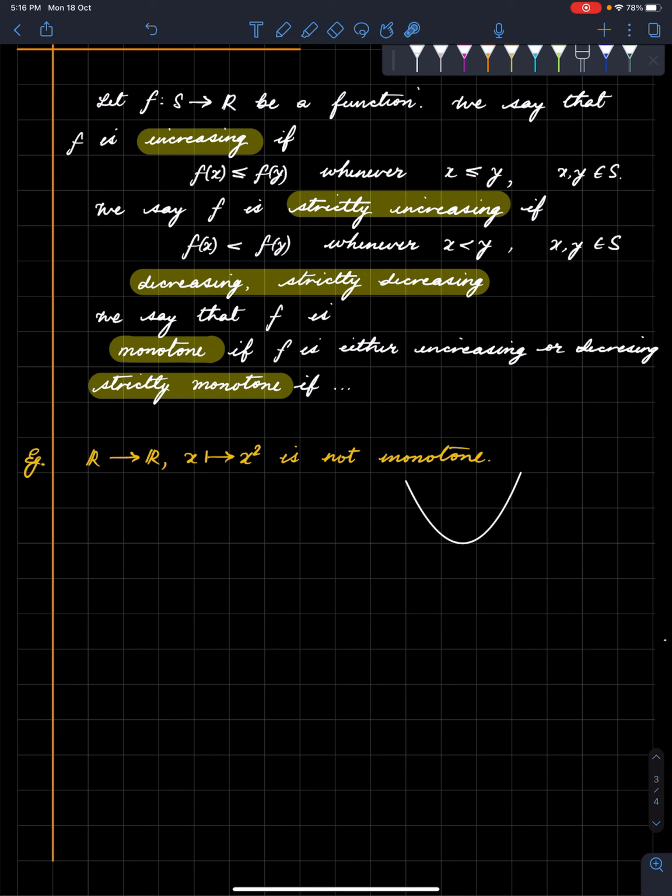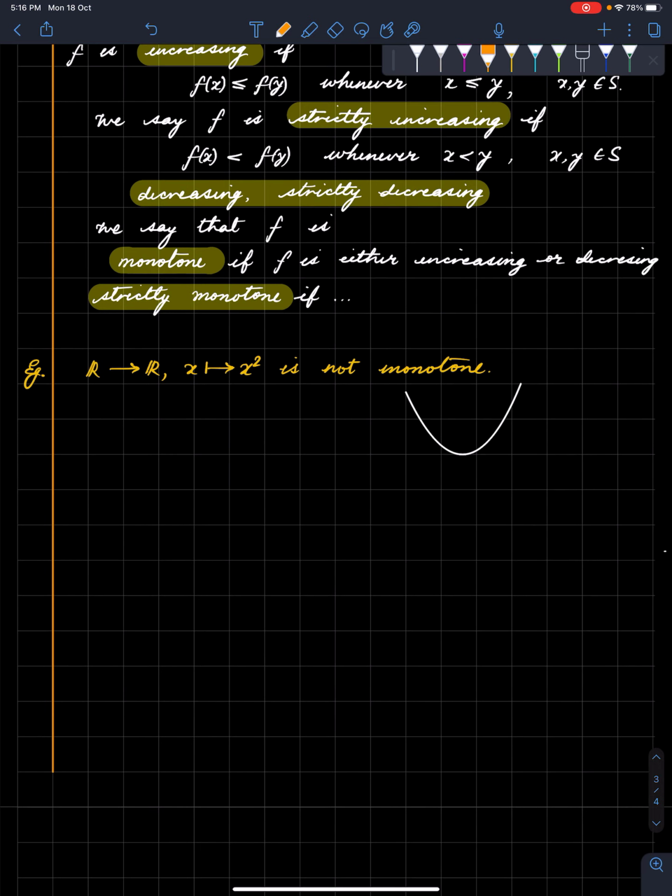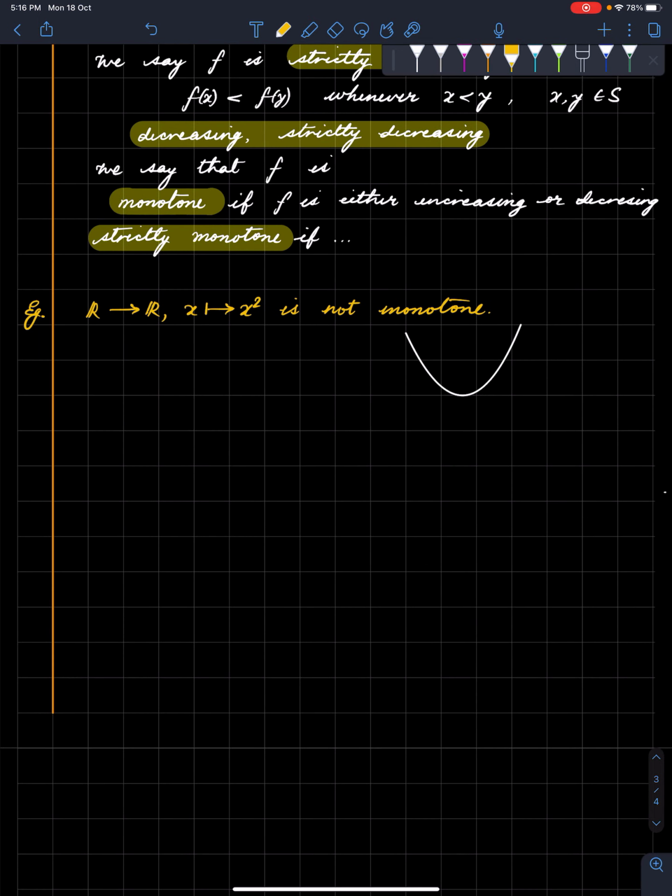And it is decreasing on this part, but it is increasing on this part. So as you can see, it is not increasing or decreasing on the entire real line. Here it is decreasing, but then it increases. So this is not a monotone function, but let us see another example where it is actually a monotone function.